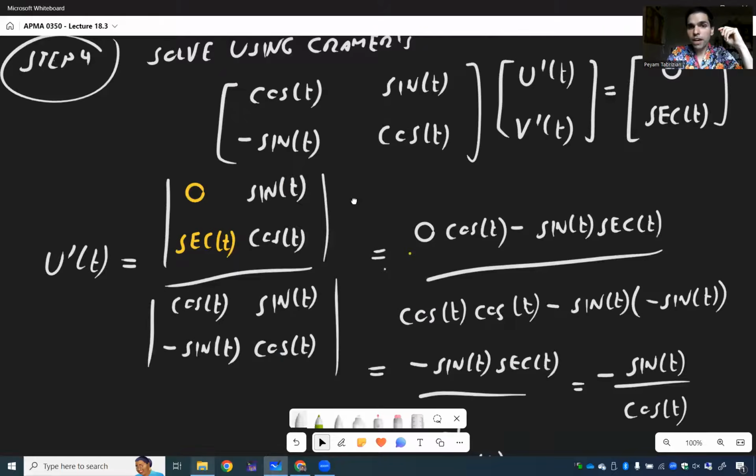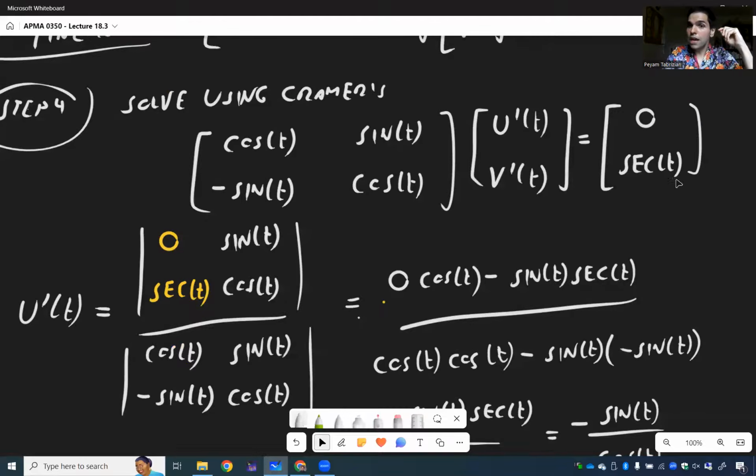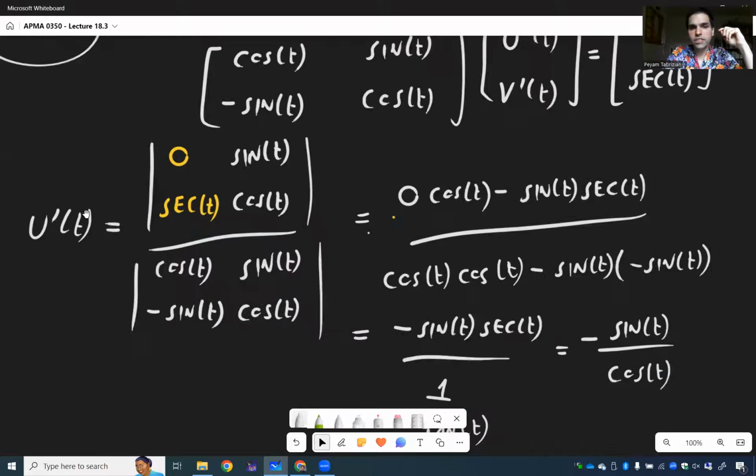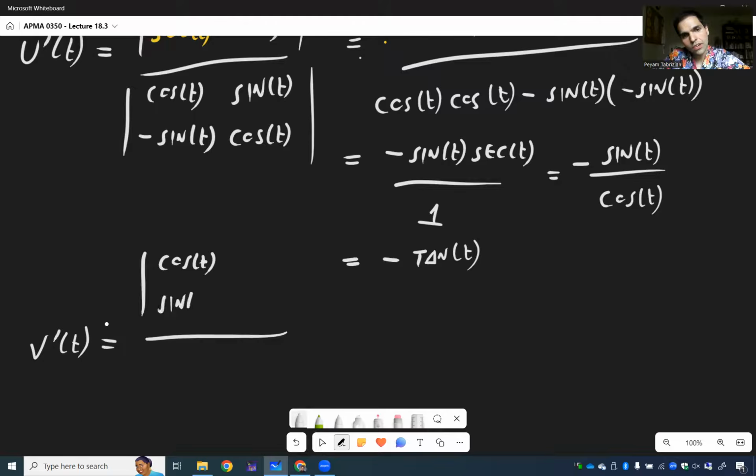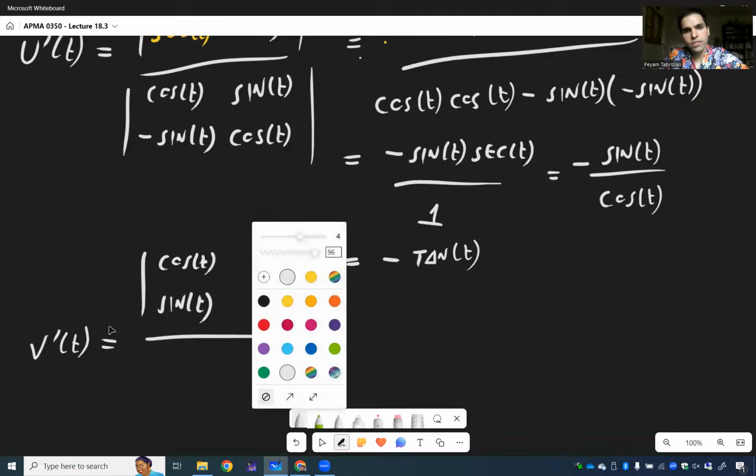Now, for V prime, same thing, but you replace the second column by the inhomogeneous term. So in this case, V prime of t. So I believe we had cosine and sine. Cosine t, sine of t, and then 0 secant t.